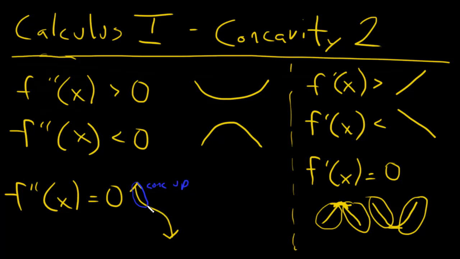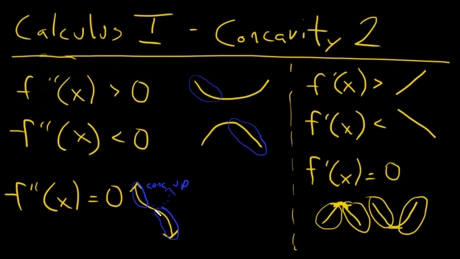Because you can imagine if I really wanted to, I could extend this, and this is part of the bowl shape that I have right here. Then over here for the rest of it, this piece, I'm going concave down, and it's kind of the same as this piece right here, right?